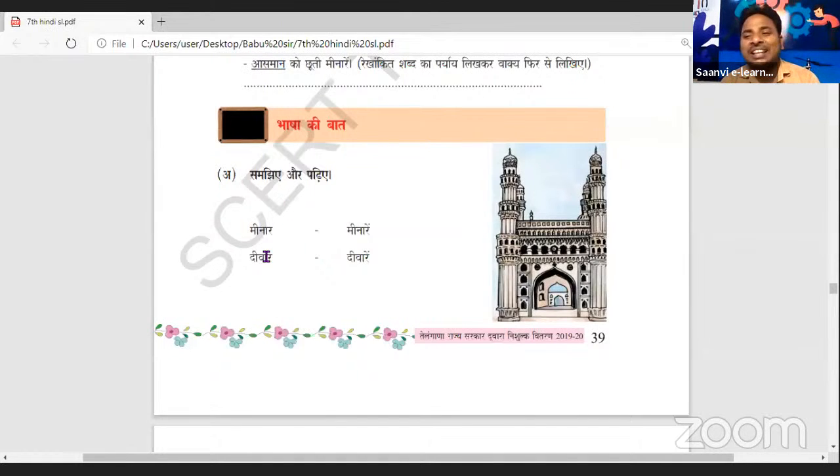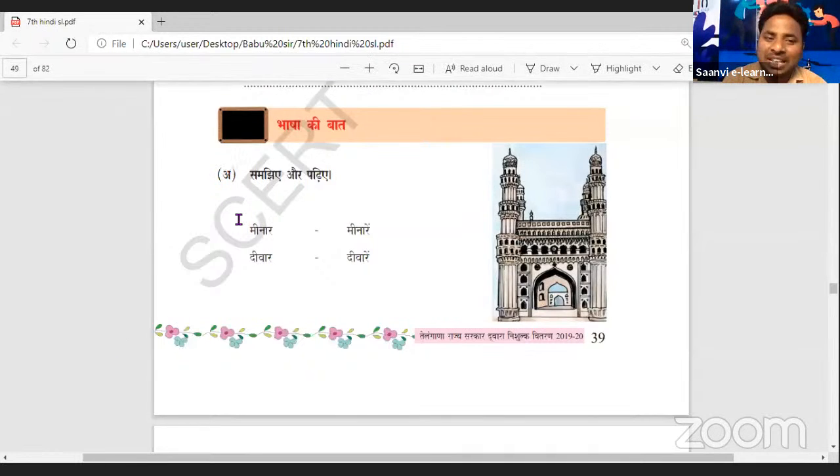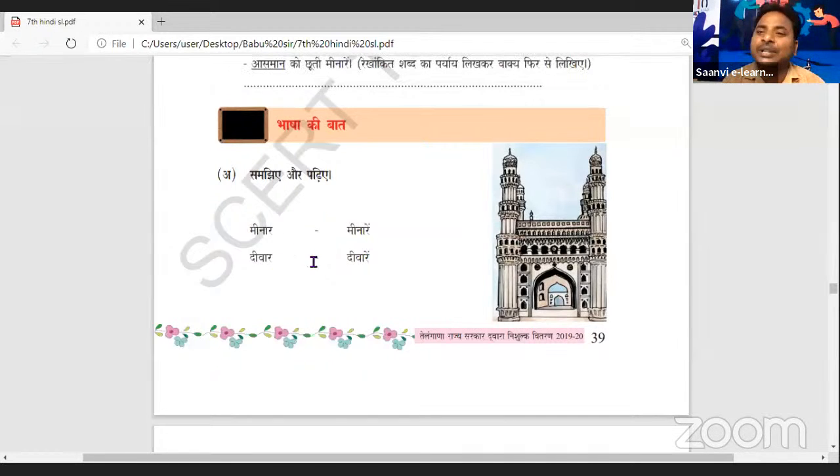Not necessary to tell that much. It is singular and plural. Okay, what is the bit name? The bit name is Samjhiye. Understand and read. Good, Rajneesh Sharma. Dear students, this is singular and plural. Minar, that means here see, 4 minars.